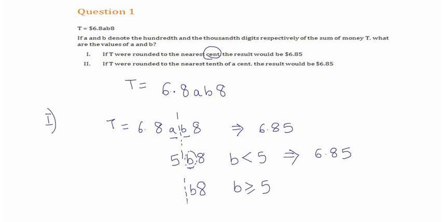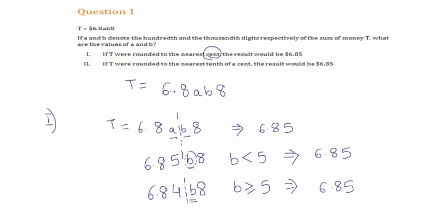If B is greater than or equal to 5, then A has to be less by 1 unit, which is 4. So on approximation this digit becomes 5, and again the approximation becomes 6.85.